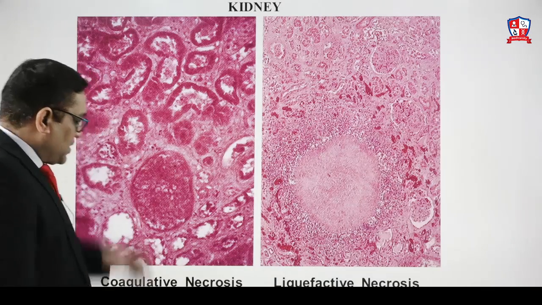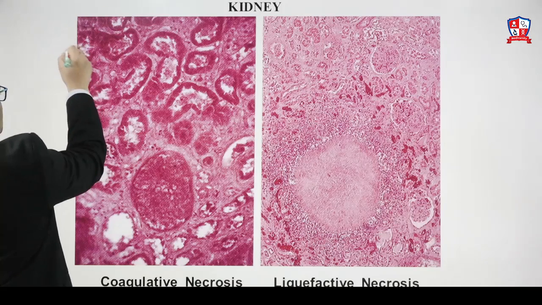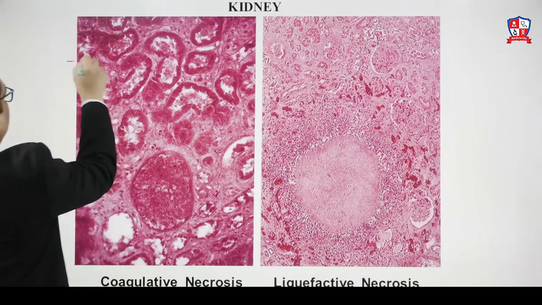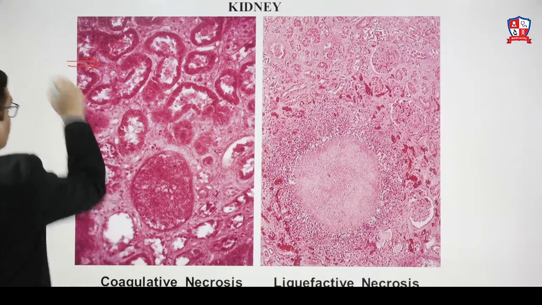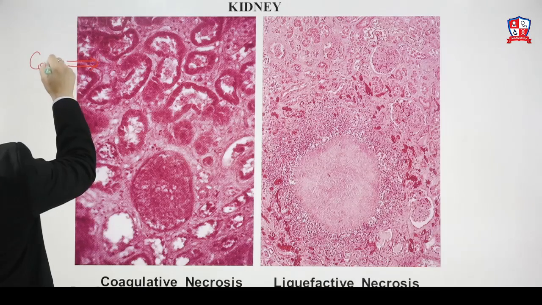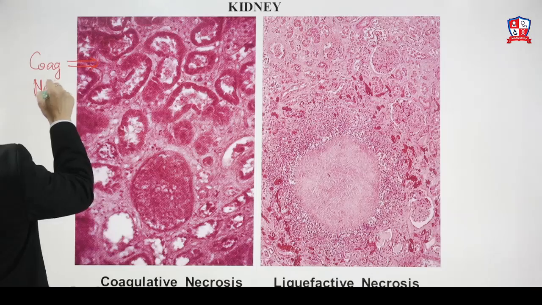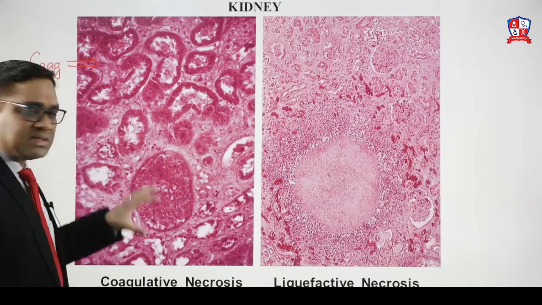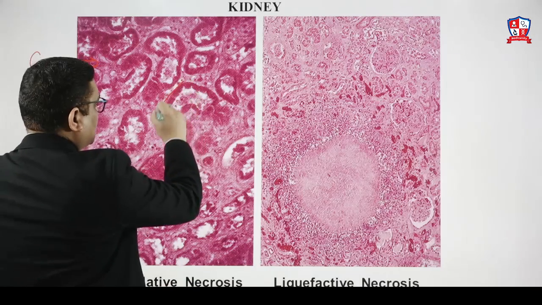Now look at this one. This side I am showing you is coagulative necrosis. It's a kidney specimen, histological examination, and these are the tubules.